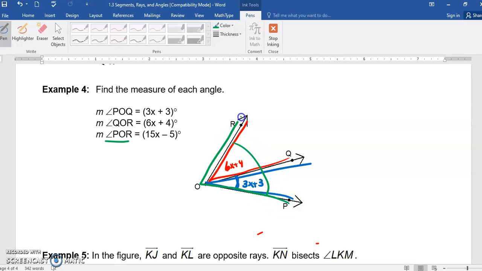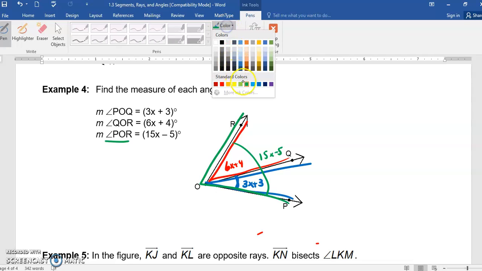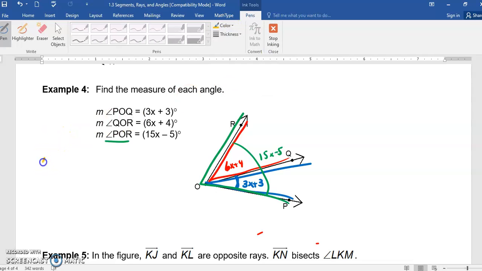POR is this whole thing, 15x minus 5. So again, using algebra now, the red piece plus the blue piece equals the whole thing. And now we have to use our algebra skills.